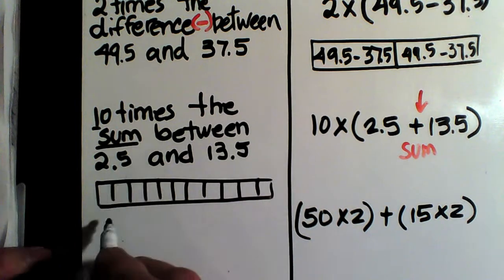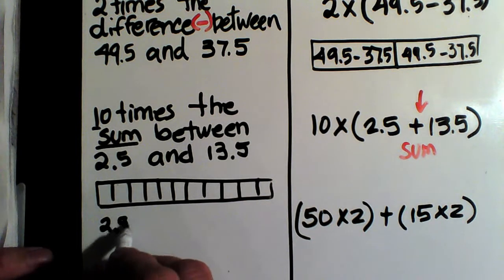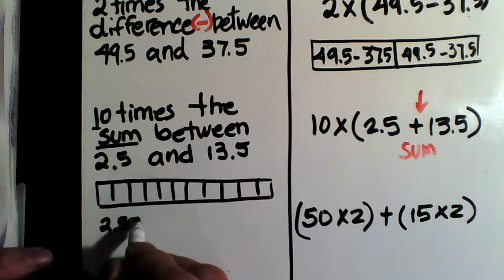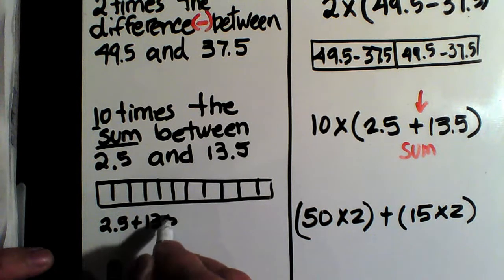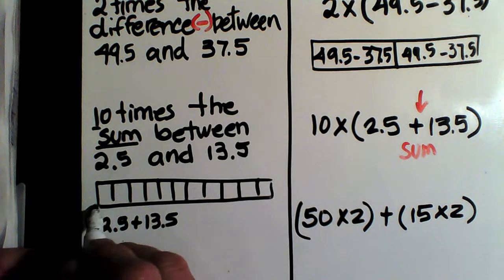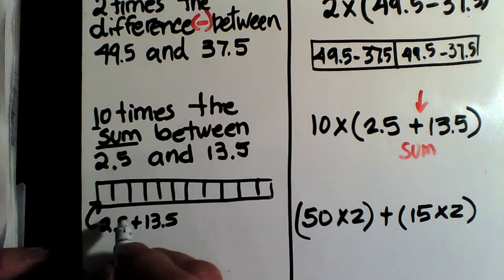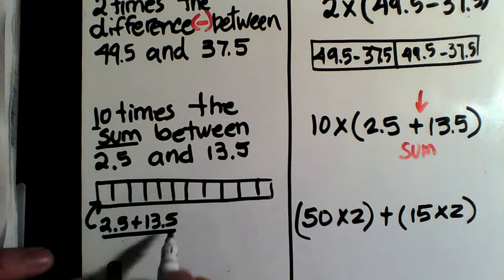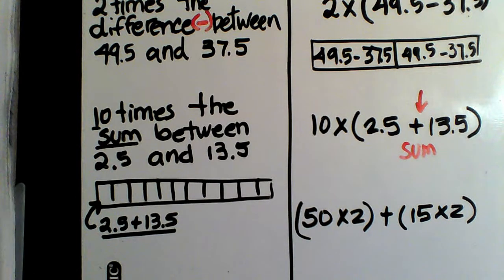So inside of each of them, because it says that this expression is the sum. Each of these little segments will have the same value, the sum of that number.